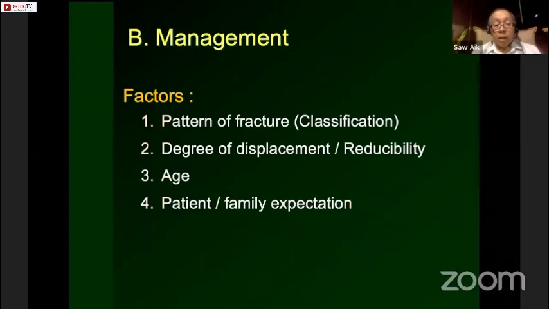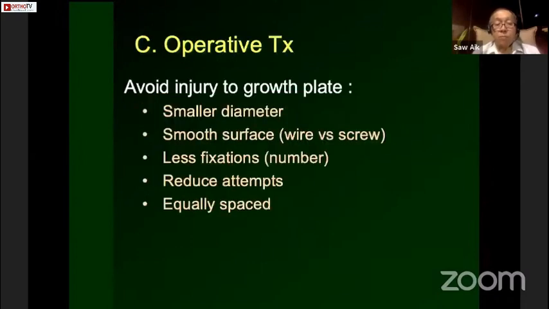Now, to plan who to treat and how to treat, the factors involve these four types. First thing is the pattern of the fracture. We base this on classification. Number two, degree of displacement. Three, the age, because that dictates the degree of remodeling and sometimes patient and family expectation.